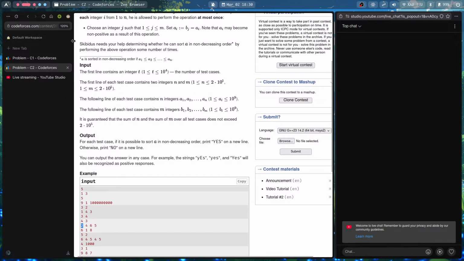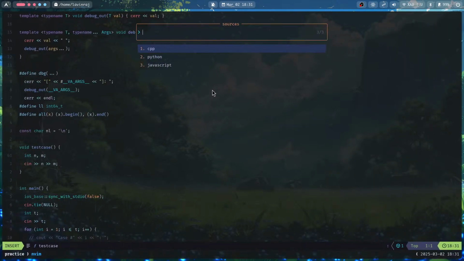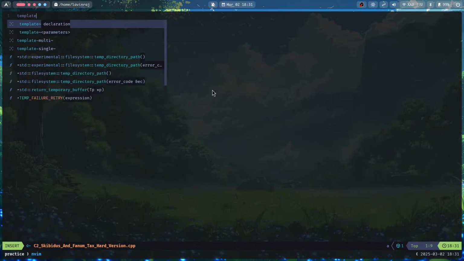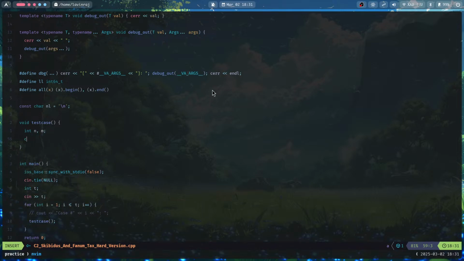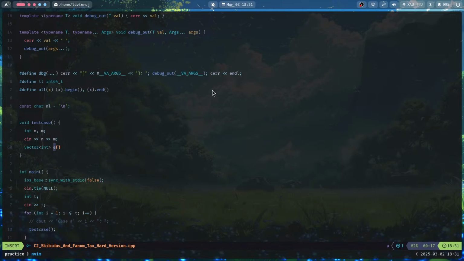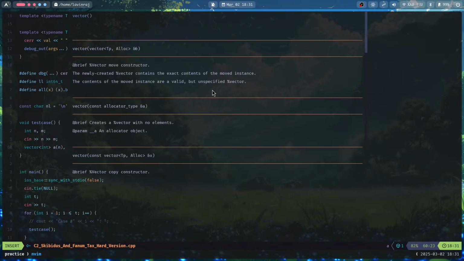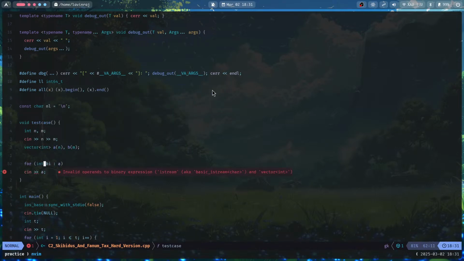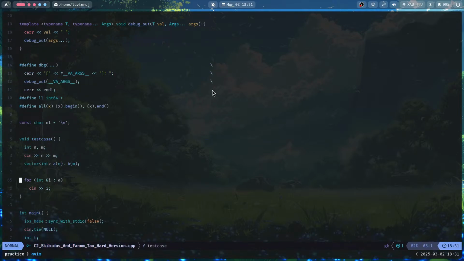Let's open the C++ file with the template. Okay, that's the B. Let's copy that.